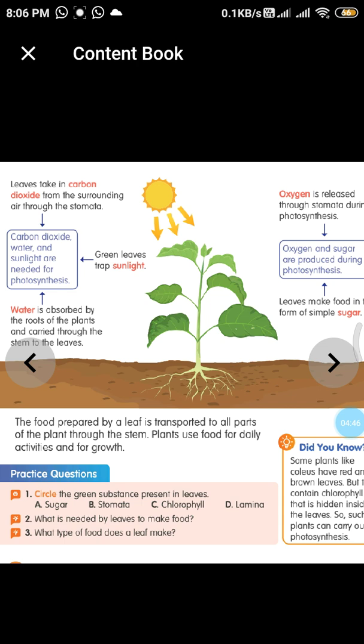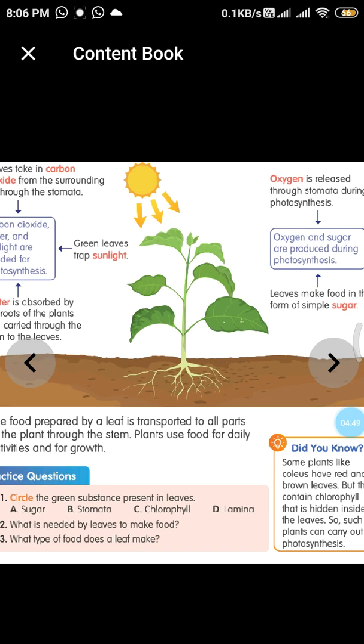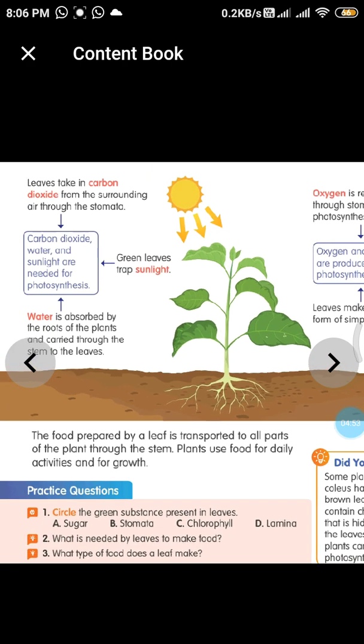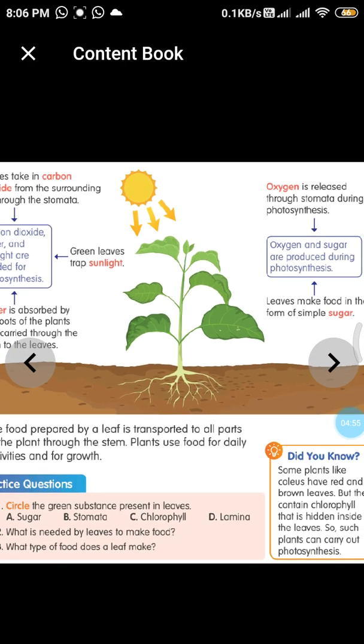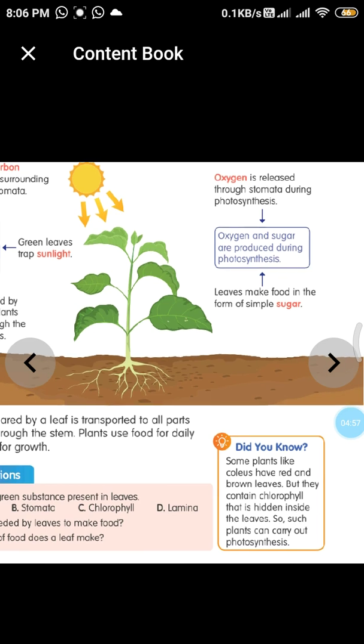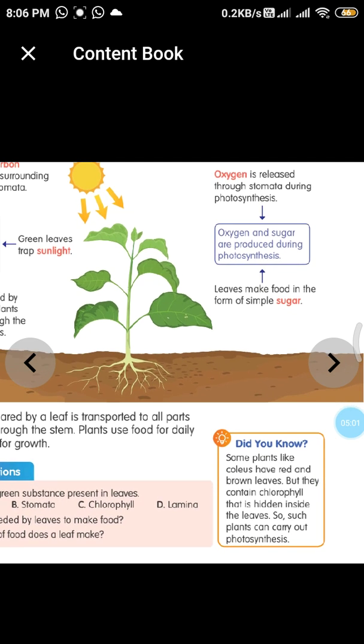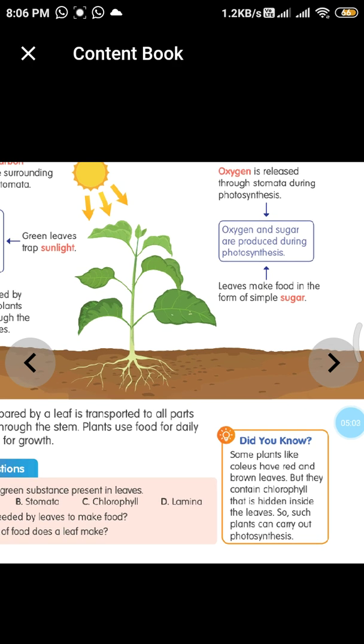Which parts help to absorb the water? The roots help them to absorb the water. Green leaves trap the sunlight. Leaves take in carbon dioxide through the stomata, and finally they release oxygen gas outside, through the stomata only.